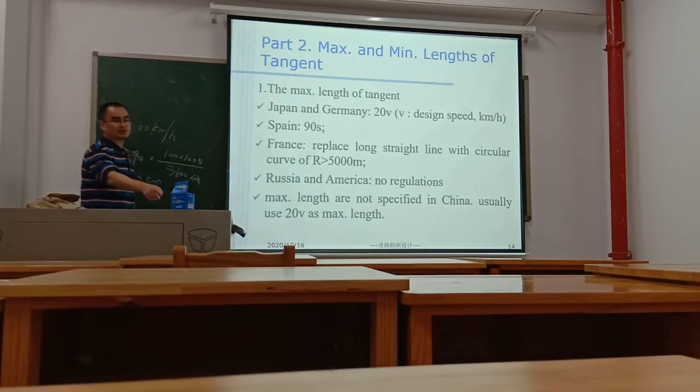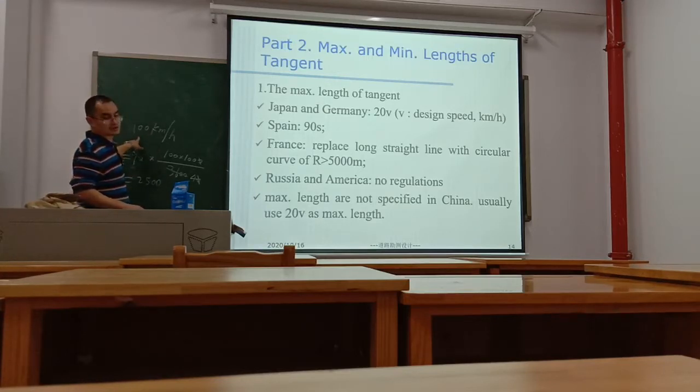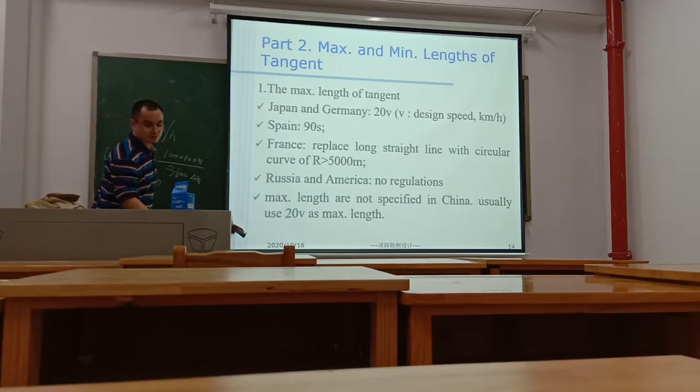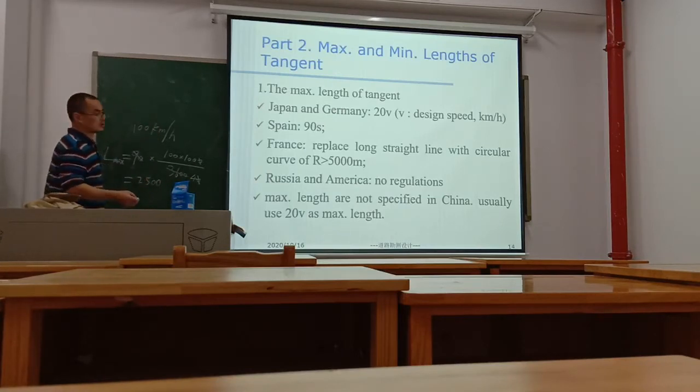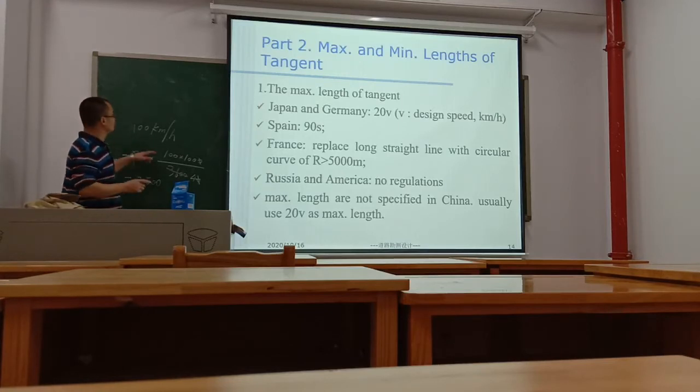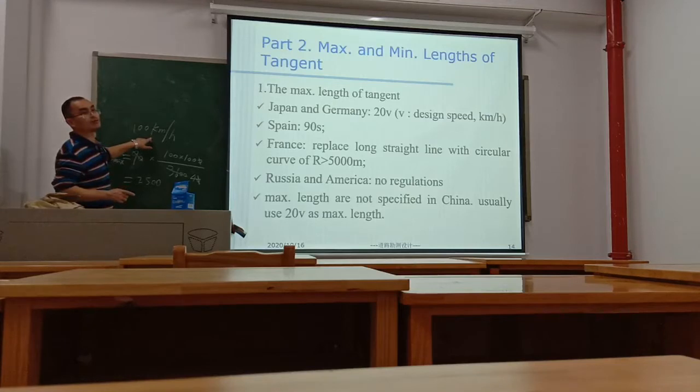If in Japan or in Germany, what is the maximum length of tangent? It is 20 times the velocity.